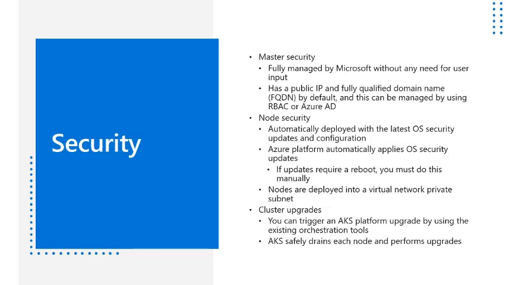Azure then adds components such as network security groups and orchestrated cluster upgrades. In AKS, the Kubernetes master components are part of the managed service provided by Microsoft. Each AKS cluster has its own single-tenanted dedicated Kubernetes master to provide the API server, scheduler, and other items. This master is managed and maintained by Microsoft.